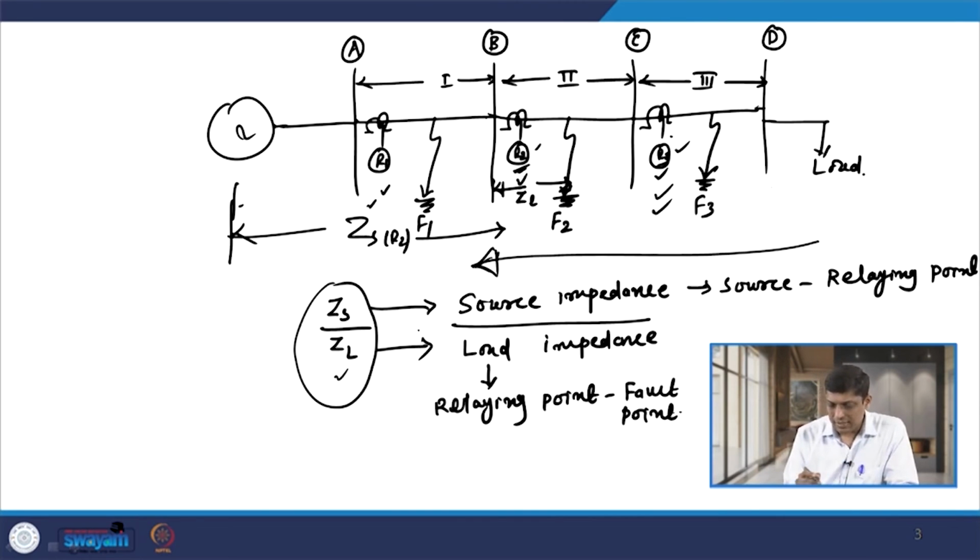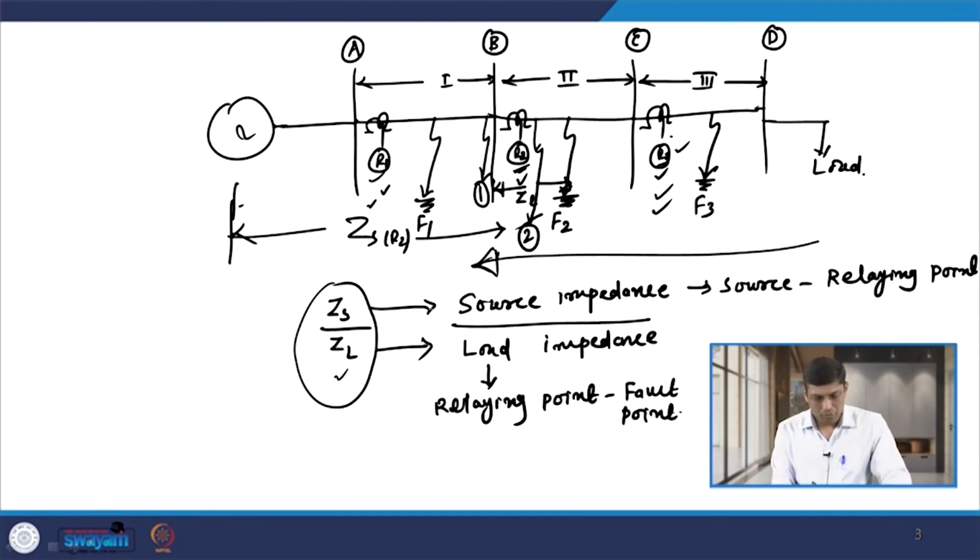So, what is the effect? Suppose there is a remote end fault somewhere here at point 1 in line section 1, and a very close in fault in line section 2, say at point 2. If I consider relay R1, then due to the effect of this ZS by ZL ratio, relay R1 is not able to provide effective discrimination between the remote end fault in section 1, that is at point 1 as shown in the figure, and the close in fault in section 2, that is the fault at point 2.